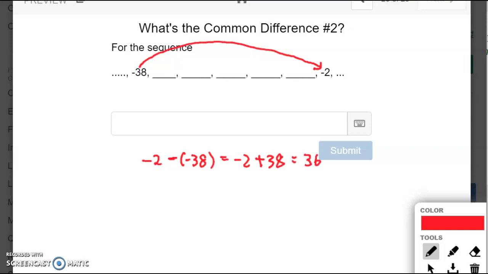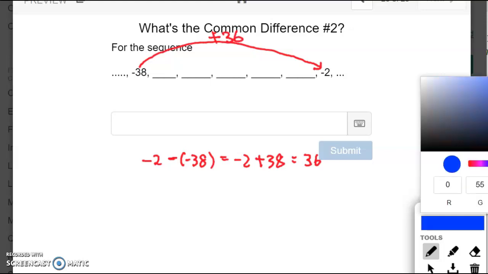So I know that 36, we are adding 36 altogether. Okay, how many times are we adding to go from negative 38 to negative 2? 1, 2, 3, 4, 5, 6.